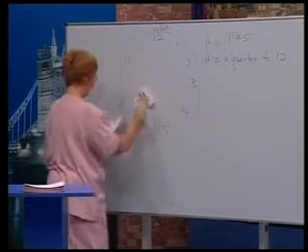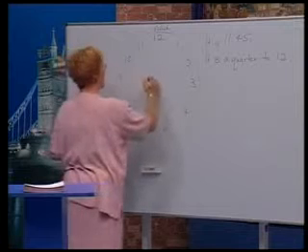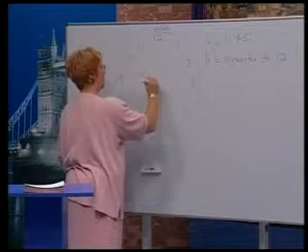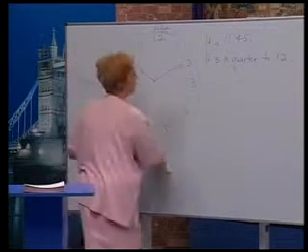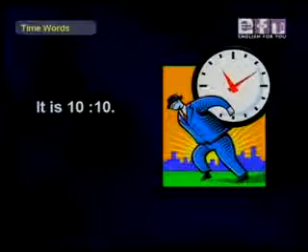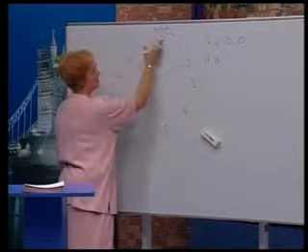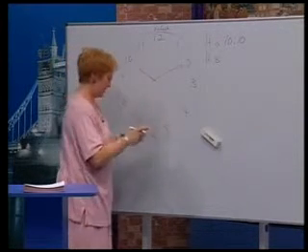Another example. We're going to see all sorts of times here. All right. We have, let's get the right color. It is 10. All right. Now, this one's kind of easy. It is 10:10.